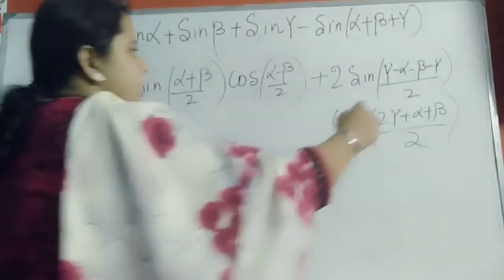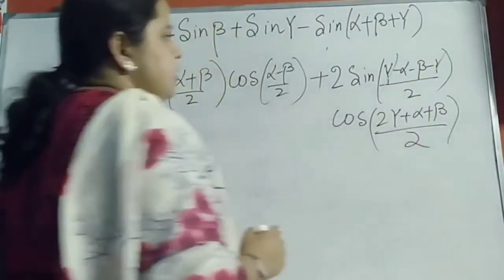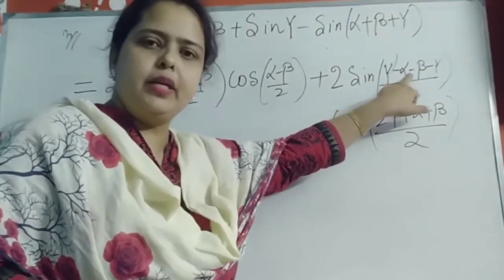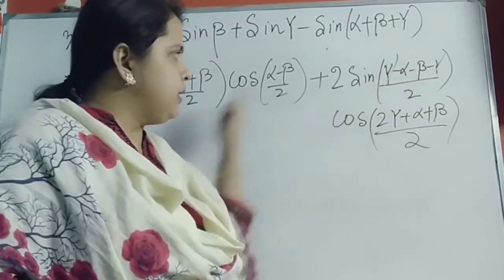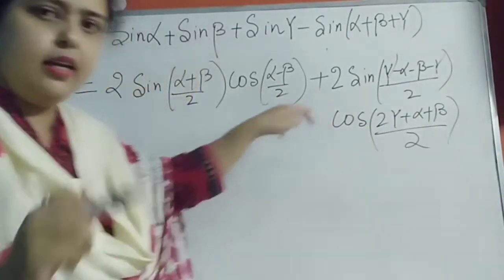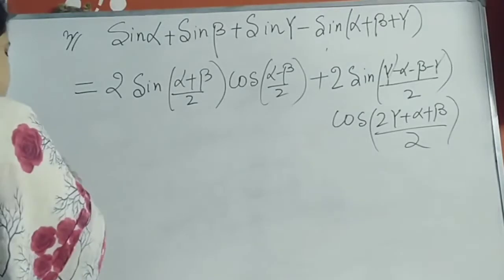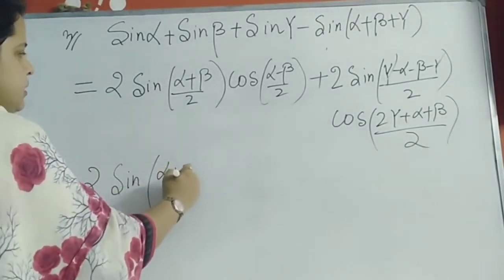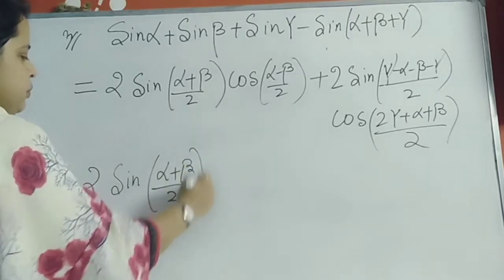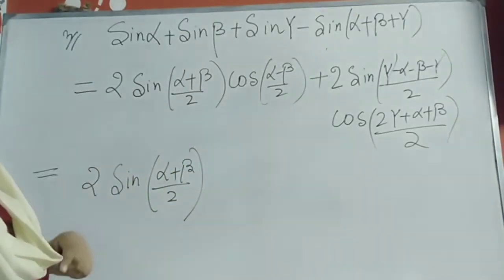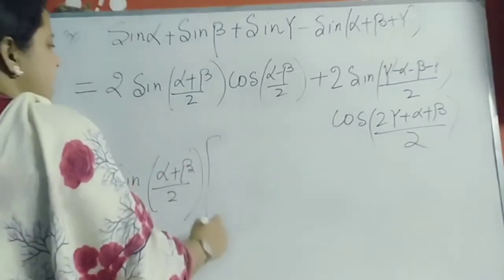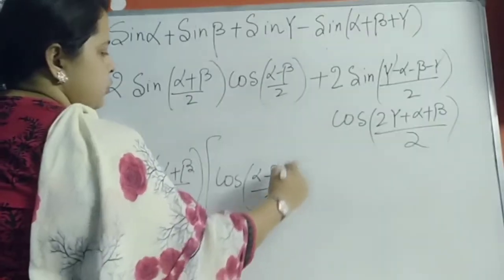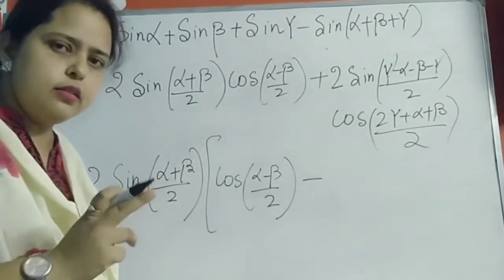Now students, here we are getting some cancellation parts, that is gamma cancels here, and we are having minus alpha minus beta. That minus part is coming out, and here it will be a minus sign, and something which is common should be taken out in the next line, that is 2 sin (alpha plus beta by 2) in the bracket, cos (alpha minus beta by 2) minus, why minus?